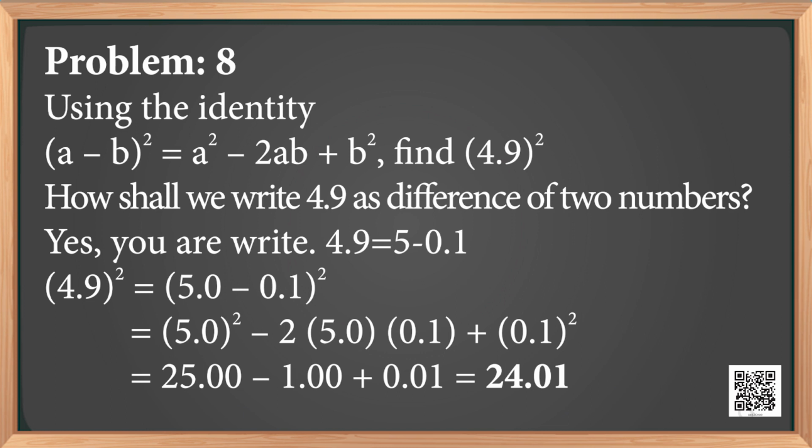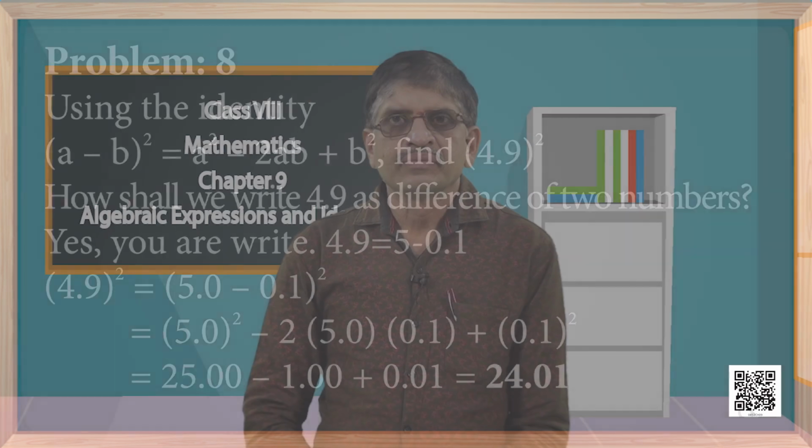How shall we write 4.9 as a difference of two numbers? Yes, you are right. 4.9 is equal to 5 - 0.1. 4.9² is equal to (5.0 - 0.1)², that is equal to 5.0² - 2 × 5.0 × 0.1 + 0.1², that is equal to 25.00 - 1.00 + 0.01, that is equal to 24.01.